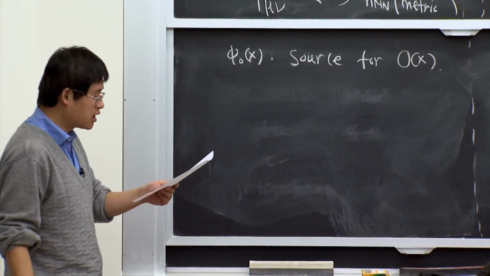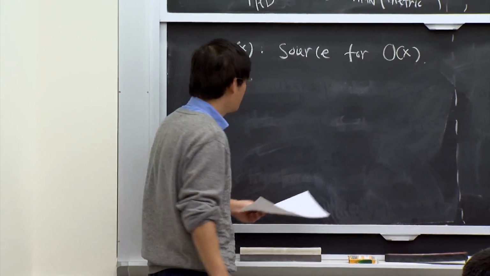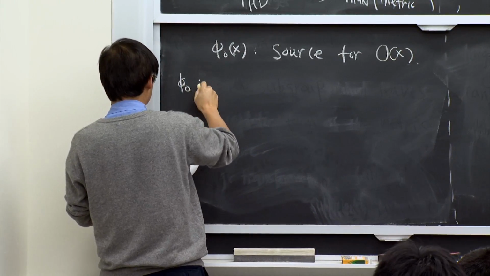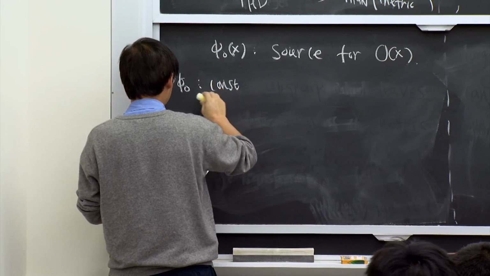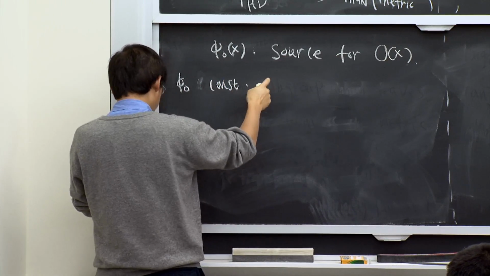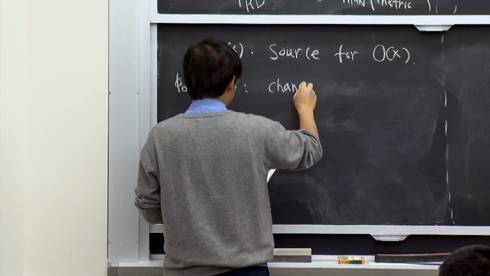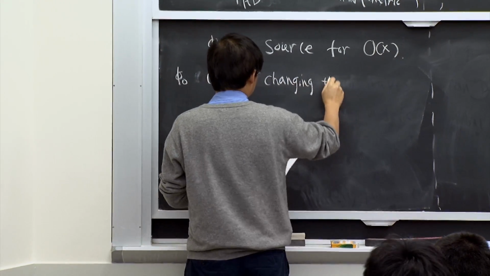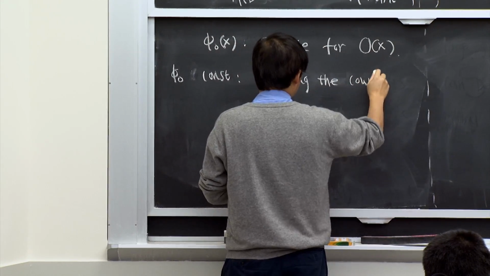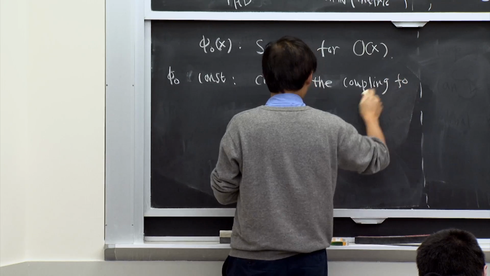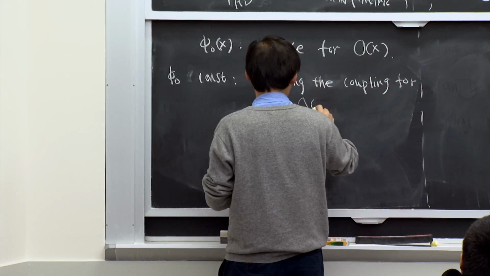So an immediate question you can ask: when phi 0 is equal to a constant, this corresponds to a change in the coupling for this operator.